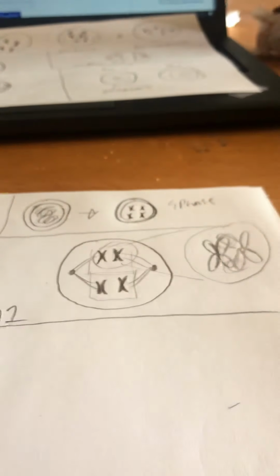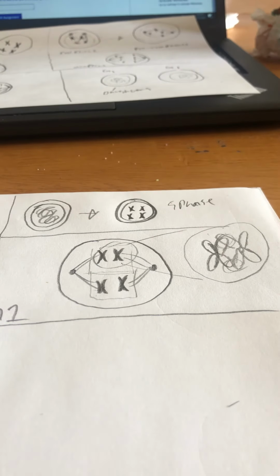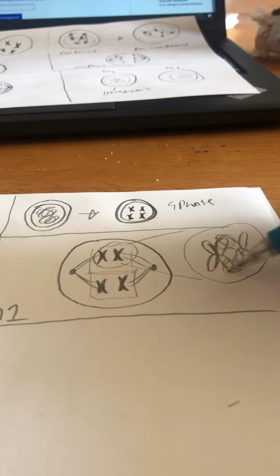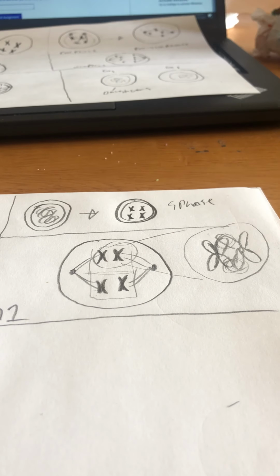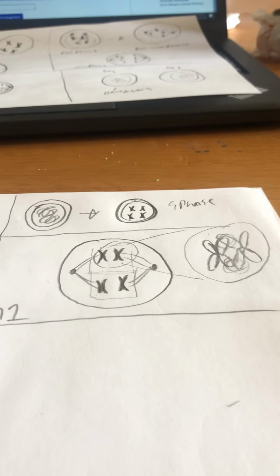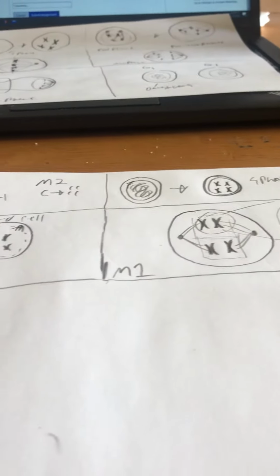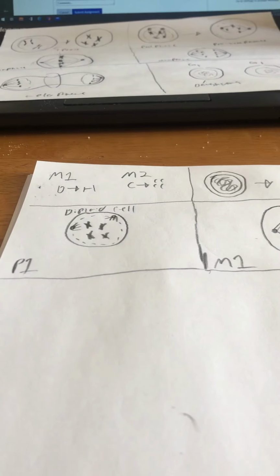Or metaphase 1, excuse me, where genetic recombination happens, called crossing over, where alleles switch in places where they aren't necessarily supposed to, causing a genetic shuffle, if you will. And this can create new genetic information.